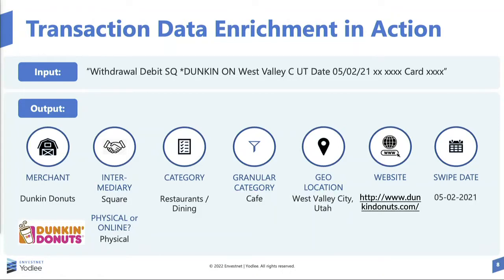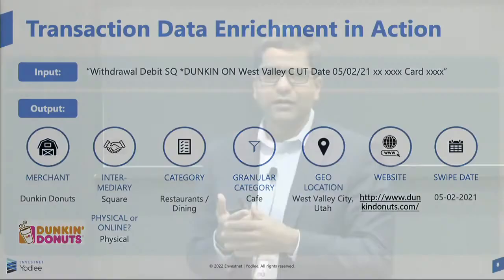The category of this transaction description is restaurants. Then we also have a granular category, which in this case happens to be a cafe, or it could have been a different class of restaurant. The geolocation is West Valley City, Utah, and their website is there. The date the transaction happened is a swipe date, and you have a logo.